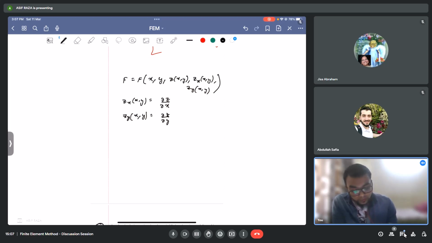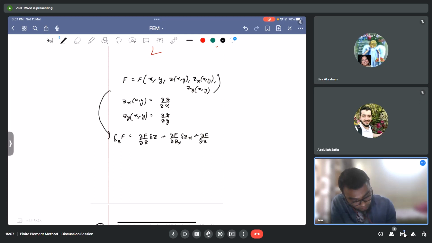So I told how we proceed. When we take the variation of this functional, we get dou f by dou z plus dou f by dou z x dou z x plus dou f by dou z y dou z y. Here we had to substitute this dou z x and dou z y in terms of z.